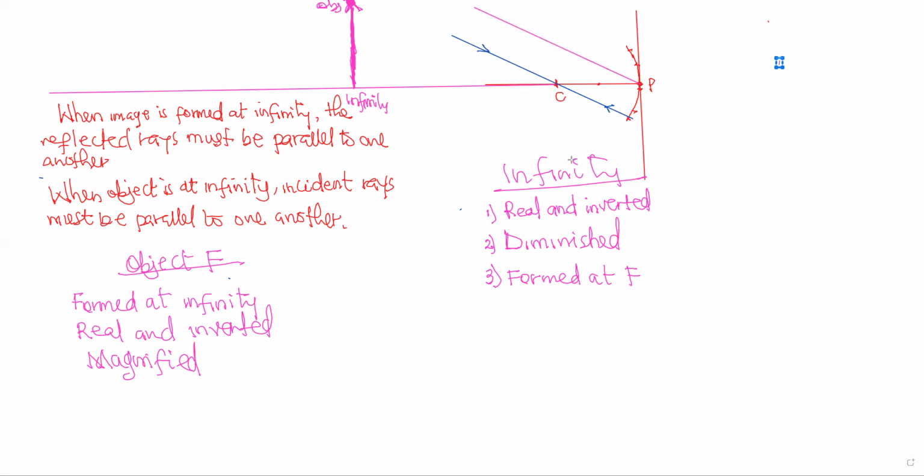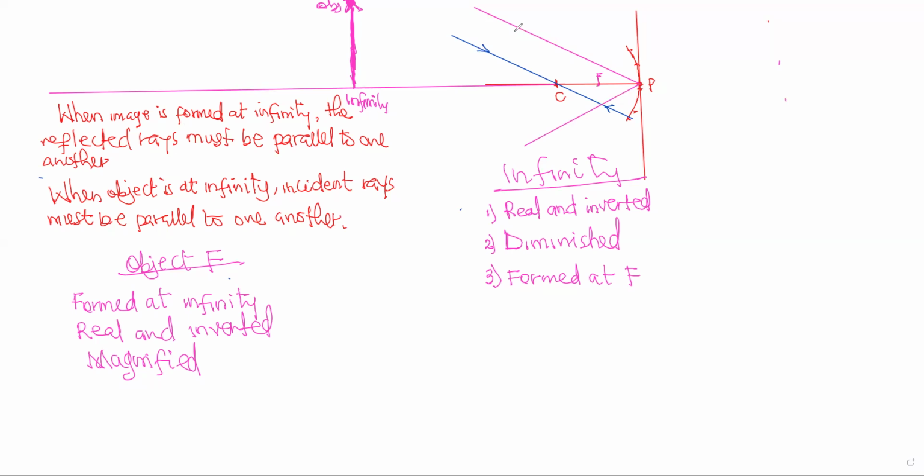If it is hitting the pole, then it must reflect at the same angle, symmetrically. F is still here. So check your angle very well. That's another way out.